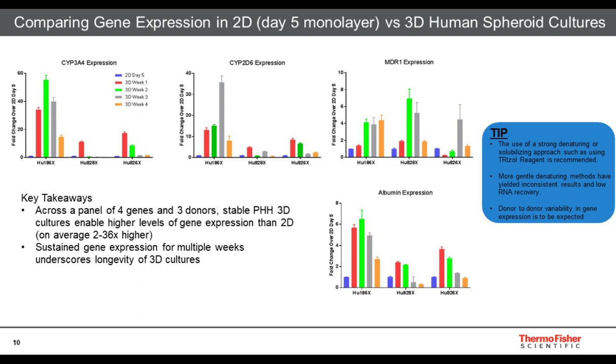We see enhanced CYP3A4 expression in all the donors, although we do know there's donor-to-donor variability. Similarly, CYP2D6 expression is substantially elevated in all 3 of the spheroid lots, relative to the same cells plated in 2D. The MDR1 transporter similarly shows high levels in all of the spheroid cultures relative to 2D, and the same with albumin in this case.